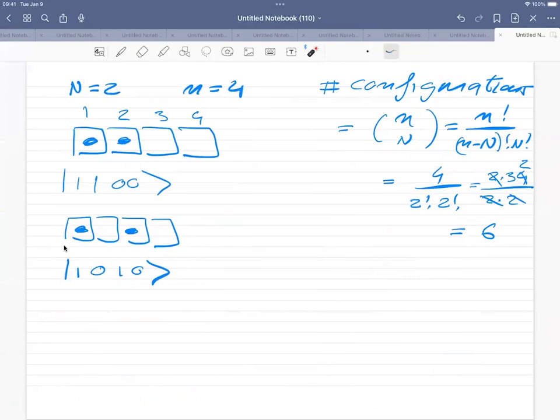So this kind of bit representation of states is something which is tightly linked with second quantization. So we are going to define operators now, which create a particle in one of these slots or remove a particle in that slot. So we are going to introduce operators which remove or create, and they are normally called creation and annihilation operators.